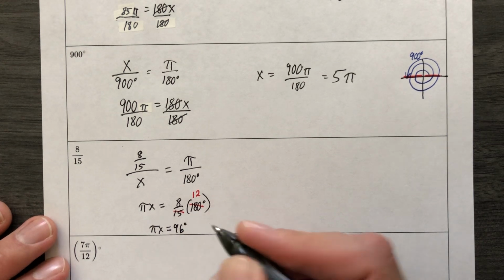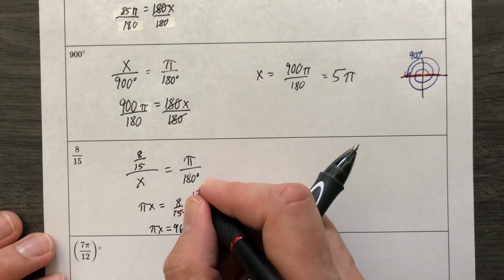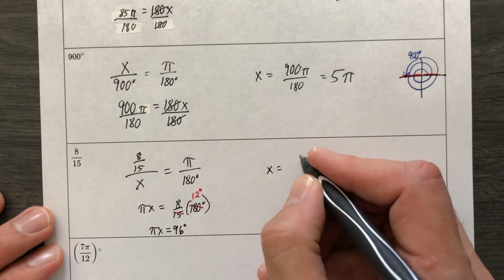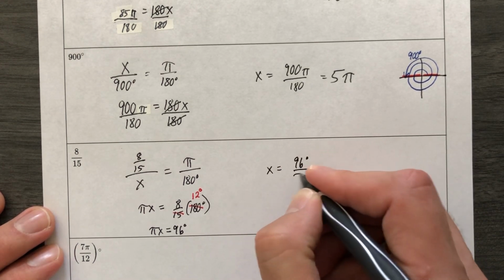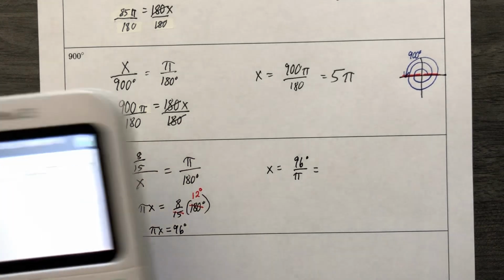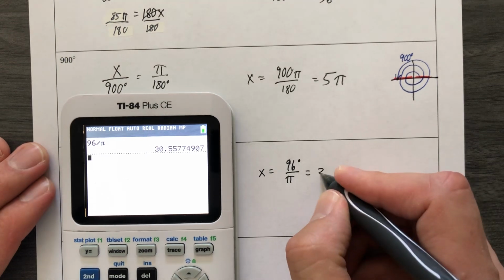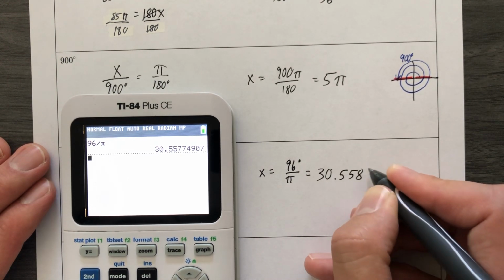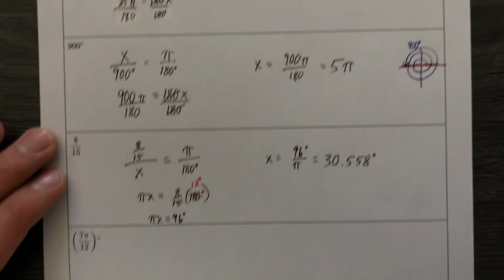We do have a degree symbol there. Technically, this would be like 12 degrees if we're keeping our units with us. So 96-degree angle. So x would equal 96 degrees over pi, and that's correct, but let's go a little bit further. We're going to do 96 divided by pi, and we're going to get 30.558 degrees.